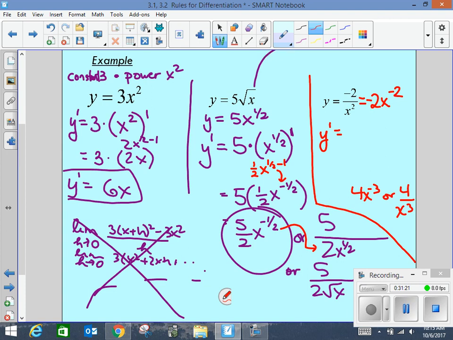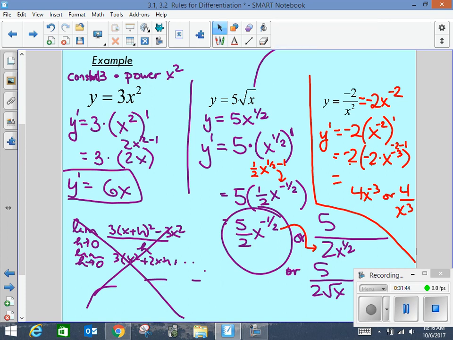So when you pull the multiple out, and you say, okay, I'm going to take the prime of x to the -2, that makes -2 times x to the -2 minus 1, which is -3. -2 times -2 is where we get our 4. And then x to the -3 is next. If you just automatically pull that down, it's fine. If you don't want to, it's fine too. Okay?